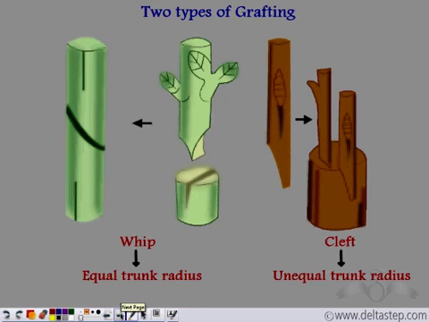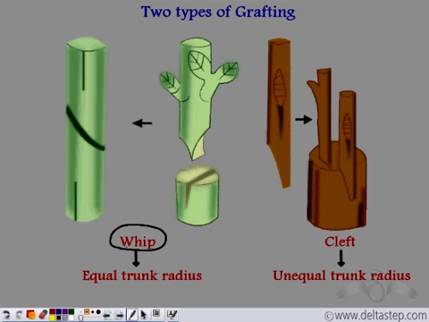Now, there are two types of grafting. This type of grafting, where the stalk and the scion have an equal radius or they completely overlap with each other, is known as whip grafting. They have an equal trunk radius.